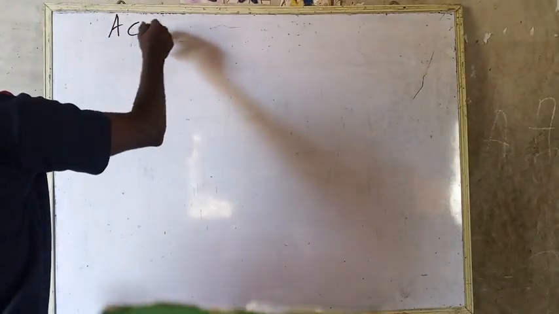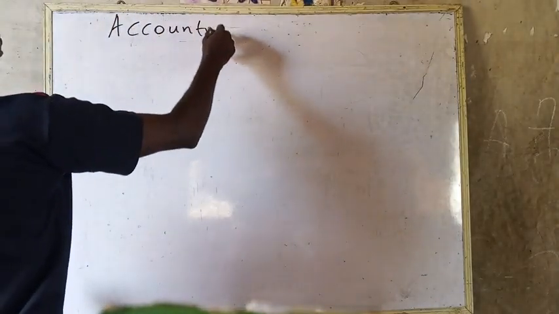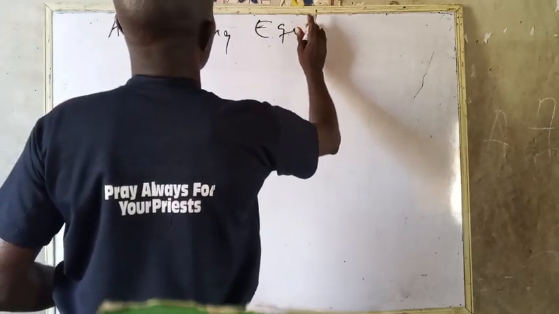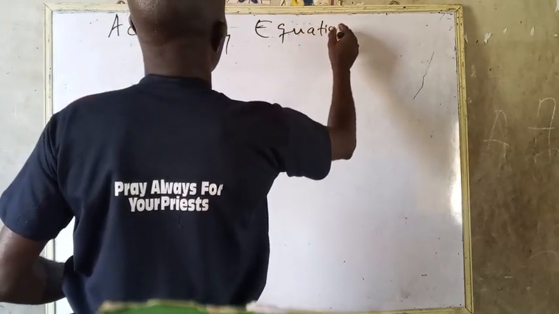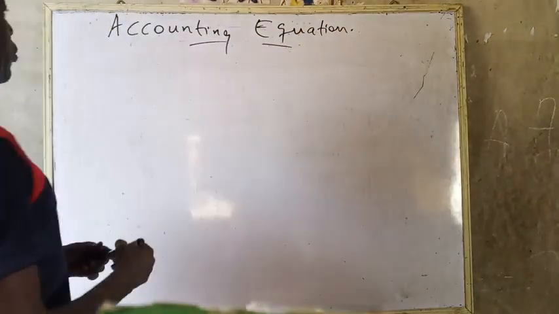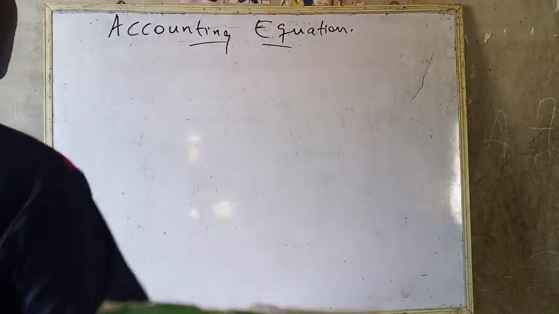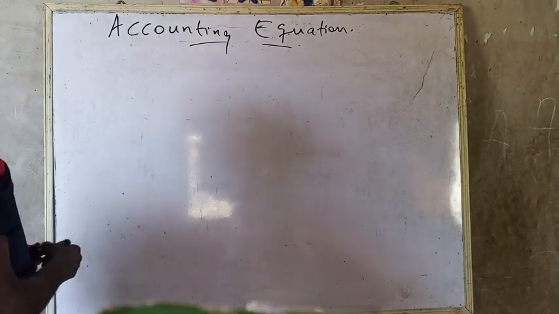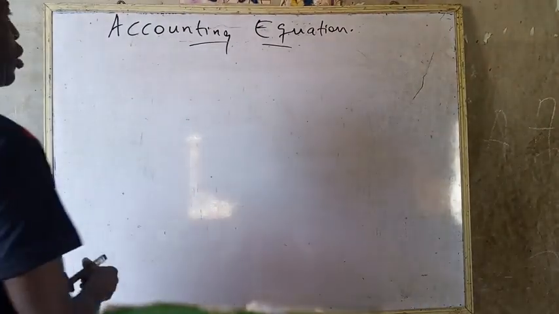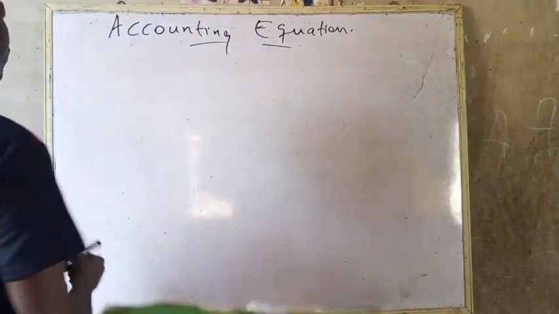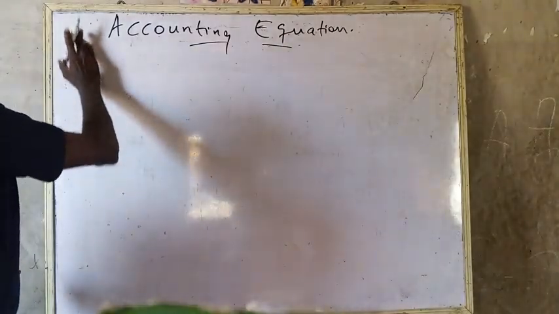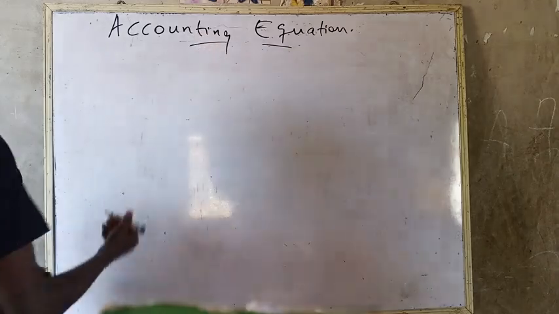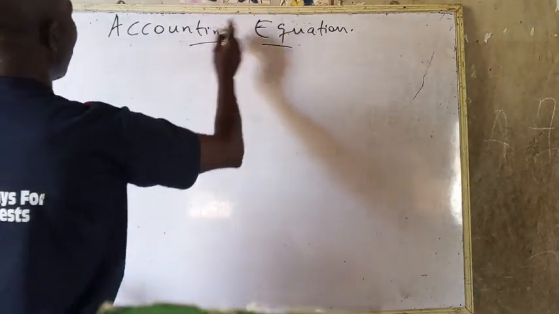Accounting equation. Accounting equation is also known as balance sheet equation. But before we dive into the formula or into the equation, let's get familiar with the terms in the accounting equation.